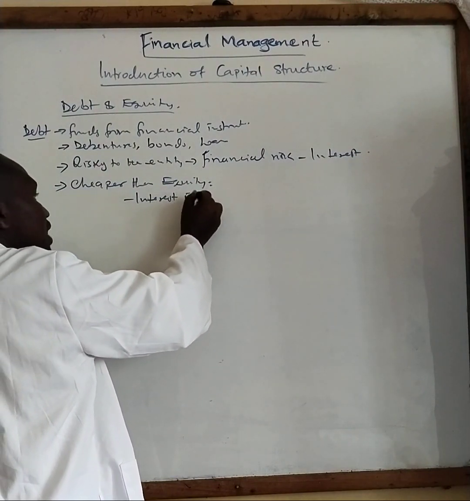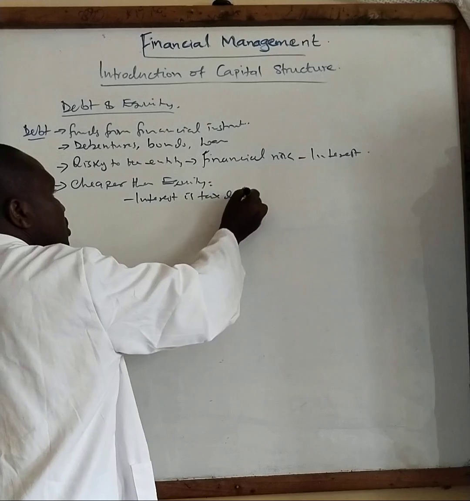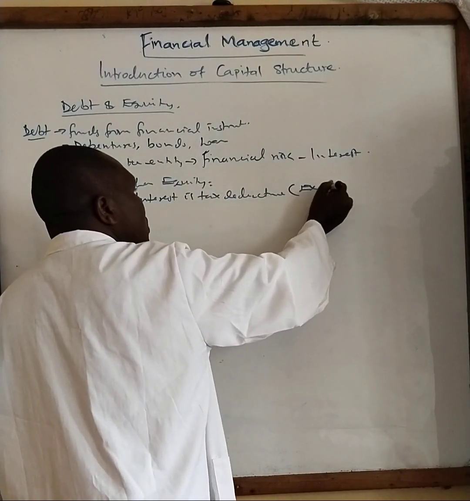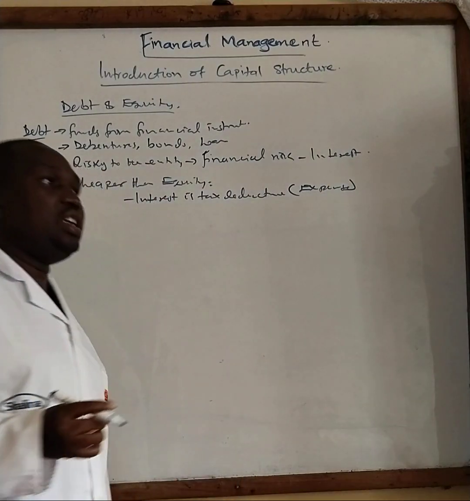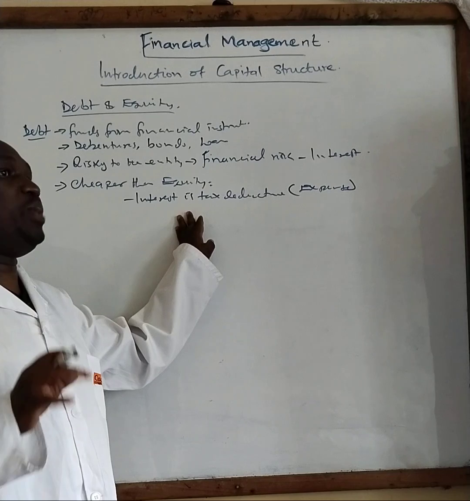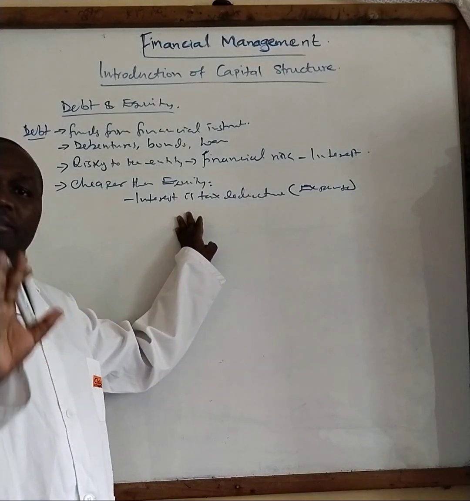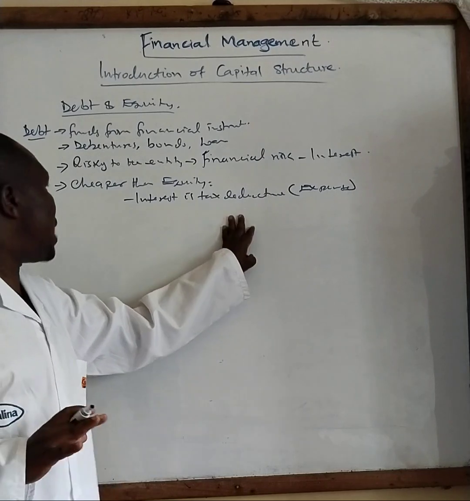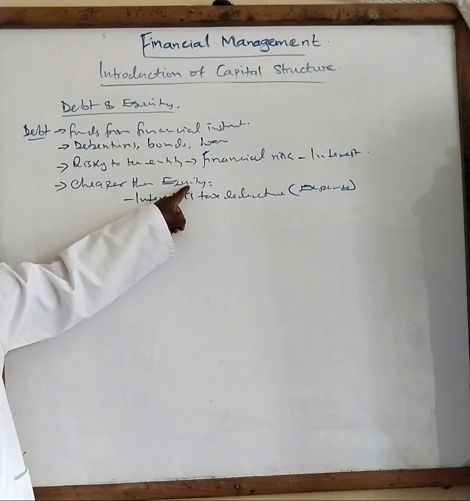So interest is tax deductible. That is to say, it is an expense. The tax authority agrees with you when you treat interest on that particular loan as an expense in the books of accounts. So therefore, it is allowed. That is why we are saying it is cheaper than equity.